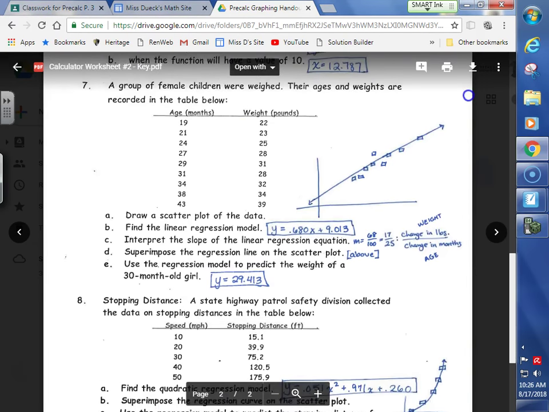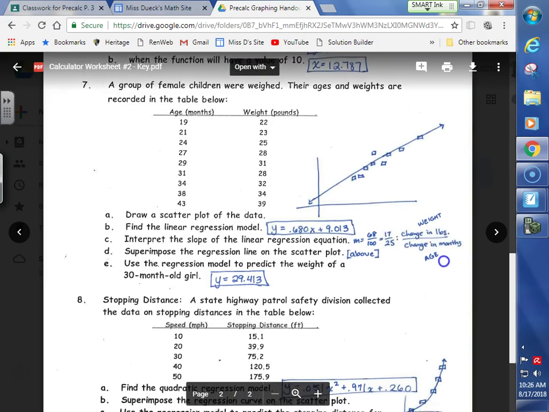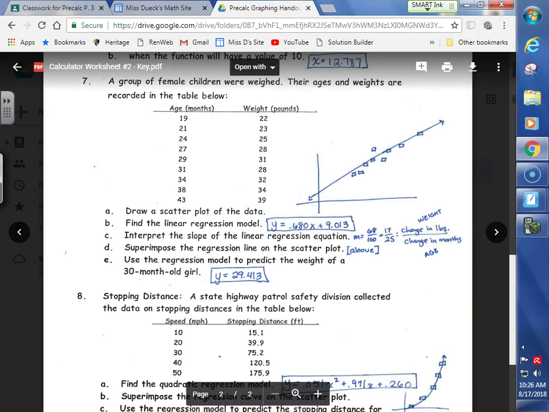Okay, let's go ahead and finish them off. You guys okay with superimpose? You remembered it from class yesterday? Put the regression onto the graph. Let me give you a second. I'm pretty sure a lot of you wouldn't have liked letter C. So if you didn't like letter C, hold on and we'll answer that. Anything else that we don't like from number 7? Yeah. So for D, is there like an actual answer for that one?